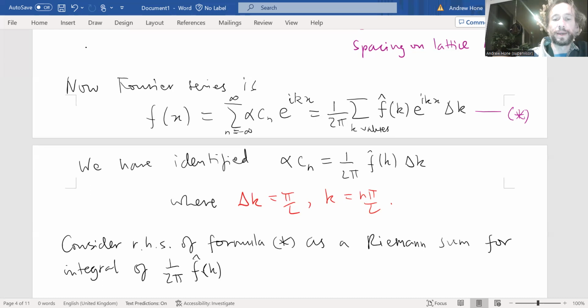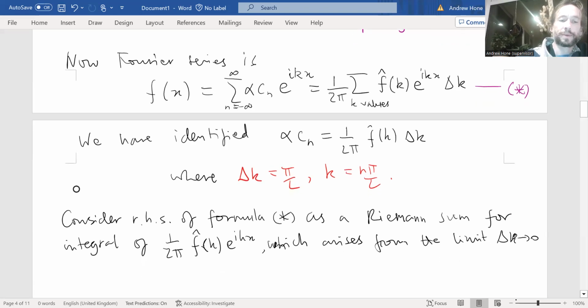Times e to the ikx, and that arises from the limit where delta k goes to 0 with L going to infinity.